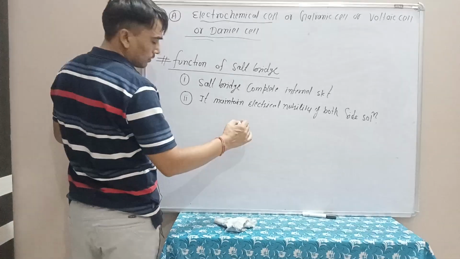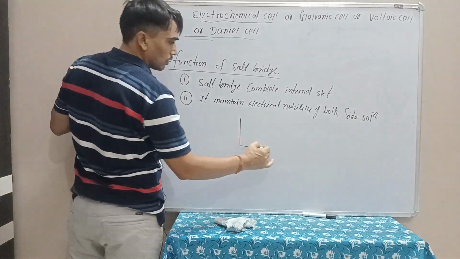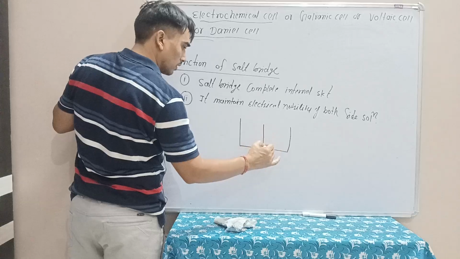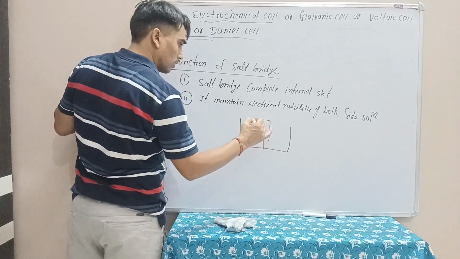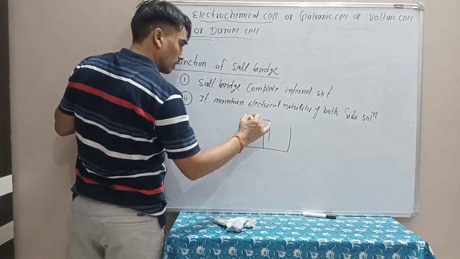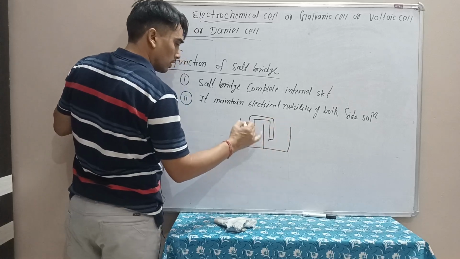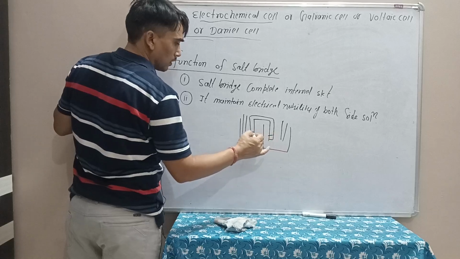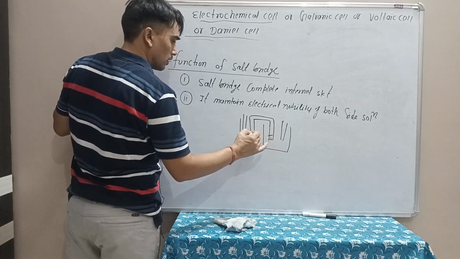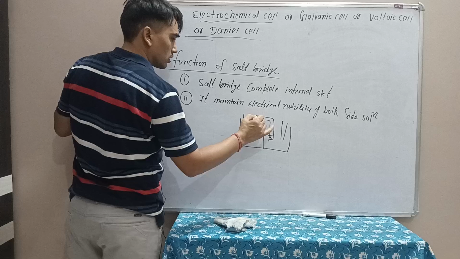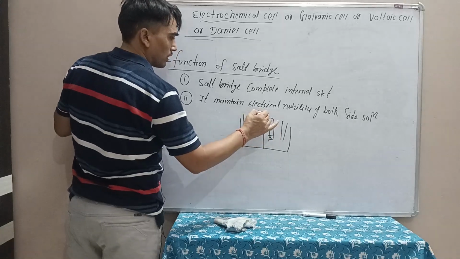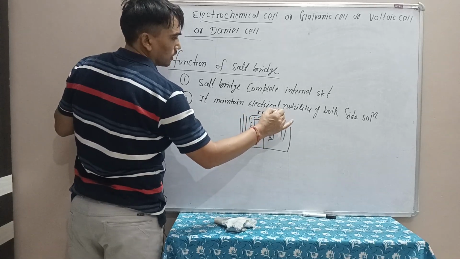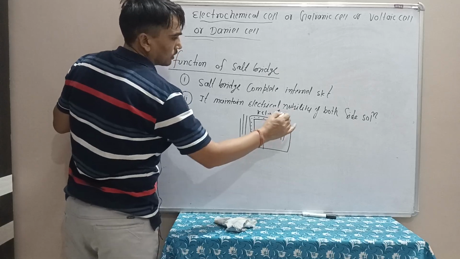Like this. This is inert electrolyte, for example KCl, which gives K plus and Cl minus.